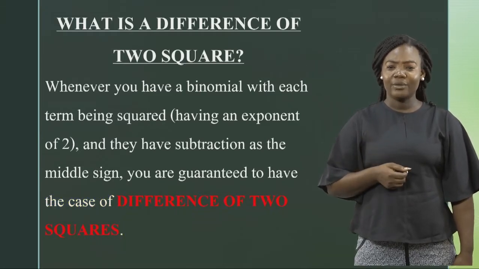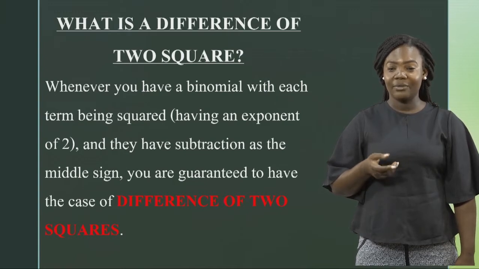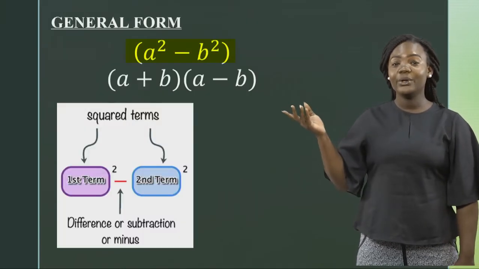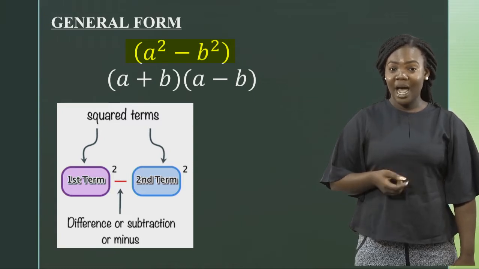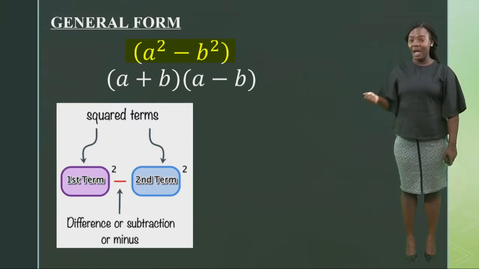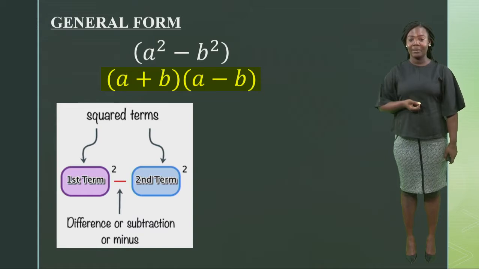Let's take a look at the general representation of the difference of 2 squared. Now here you're going to see we have a squared minus b squared. And when we factorize that, we have a plus b into a minus b. Now we have a little image here that is going to tickle your mind in helping you to understand clearly what we are talking about.